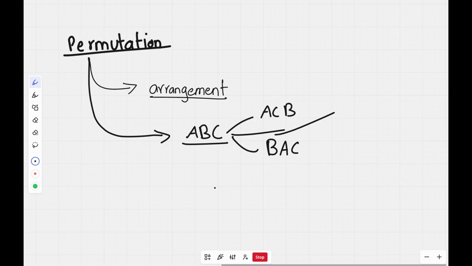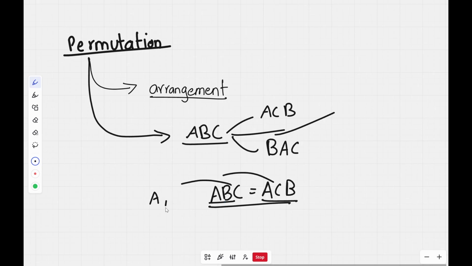Now we see ABC is not equal to ACB, right? Because we are told to keep them in an arrangement, so these are different arrangements from this one. But if we talk about combination, then these are the same because they contain the same elements A, B and C. So what is permutation?